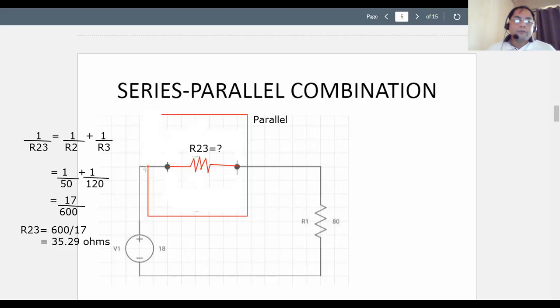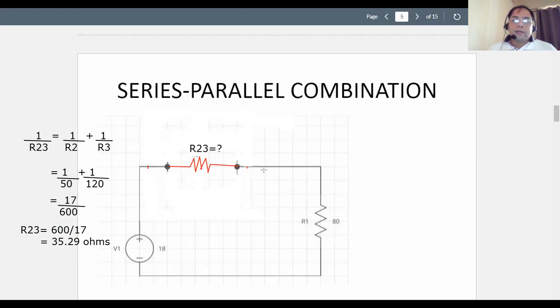So after combining R23, it's obvious that they are in series with one another. Actually, if we have a combination circuit, we could not immediately find or combine the values together.